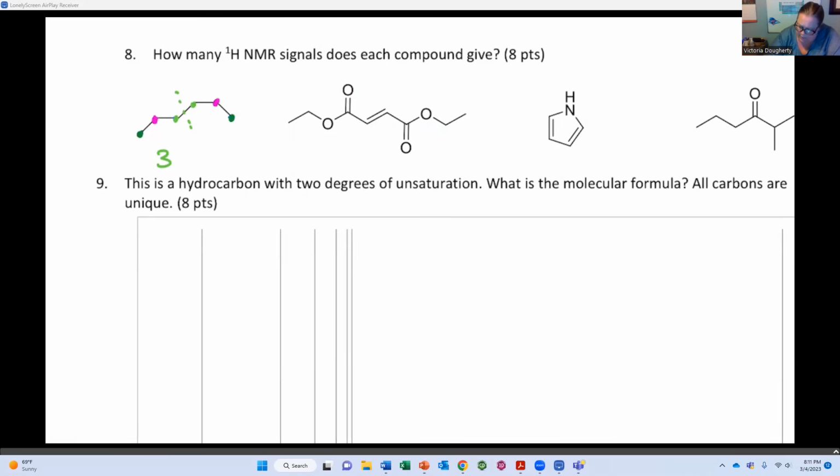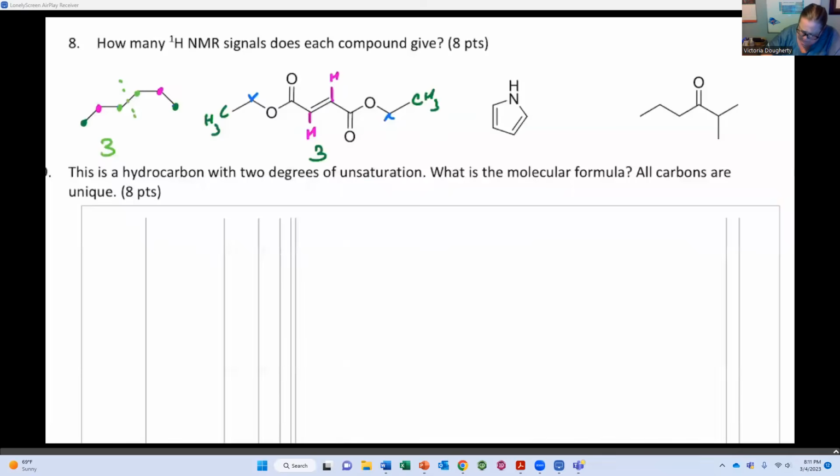Okay. Going over to this ester, these two hydrogens are the same. This CH2 and this CH2 are the same. This terminal methyl is the same. So this would have 3.